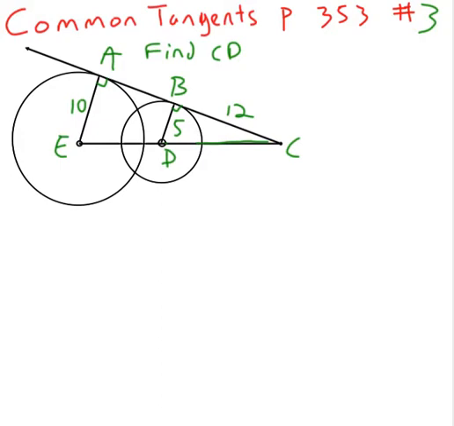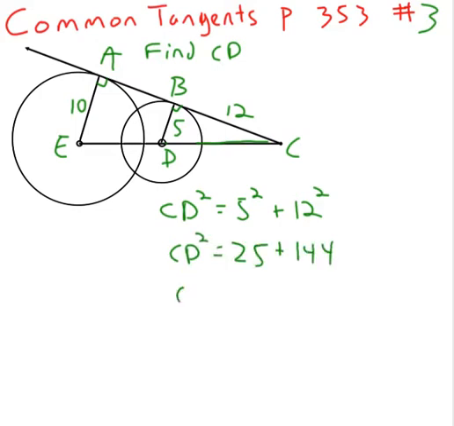This one is pretty straightforward. CD squared equals 5 squared plus 12 squared. 5 squared is 25 plus 144. CD squared equals 169, so CD equals 13.